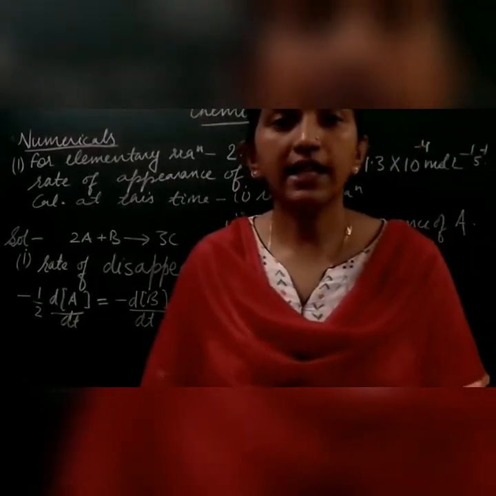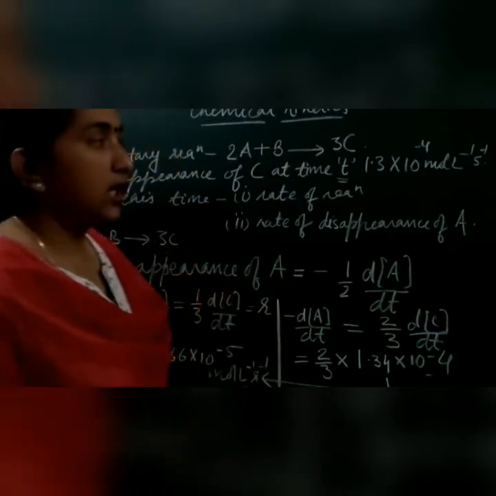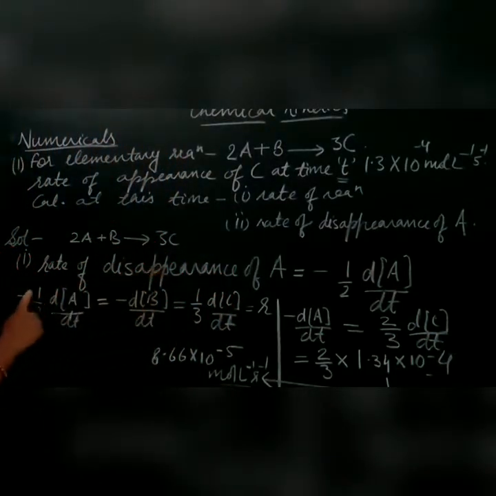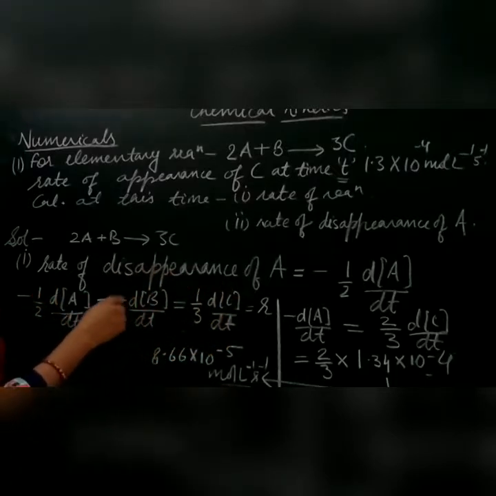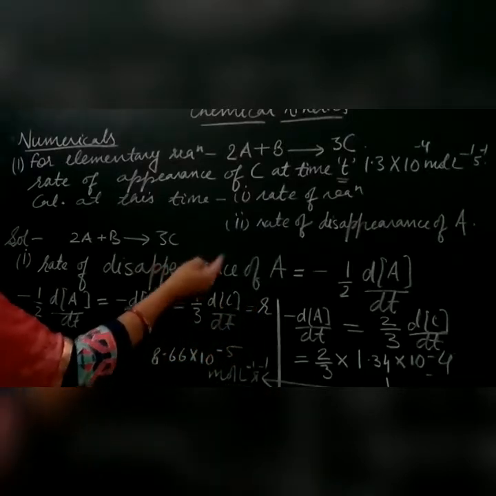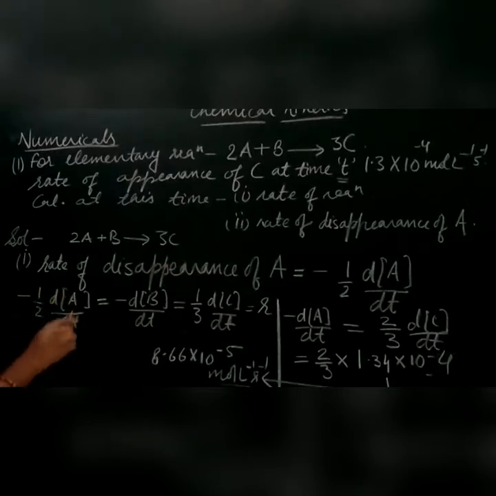Yes, students, we will do the second part of the numerical now, and this is the rate of the disappearance of A. For this, I have again written down this expression where the appearance and disappearance of the different terms are related with the rate of the reaction. You have already noted it down for the first part, so don't repeat it here. So it is minus half dA upon dt.